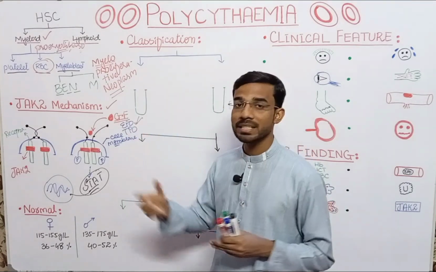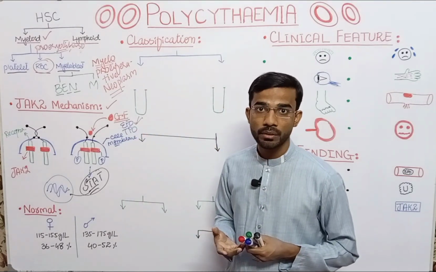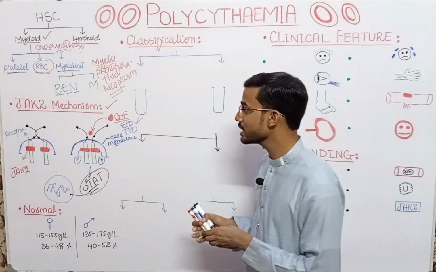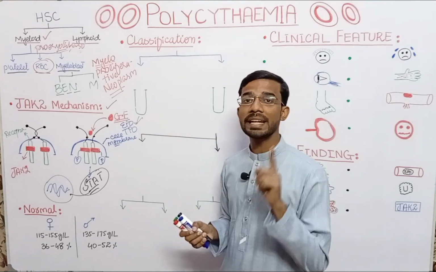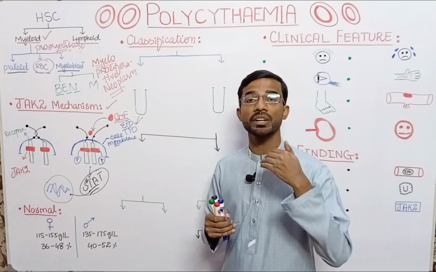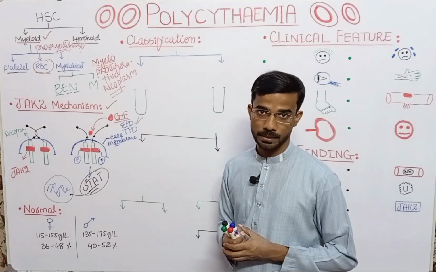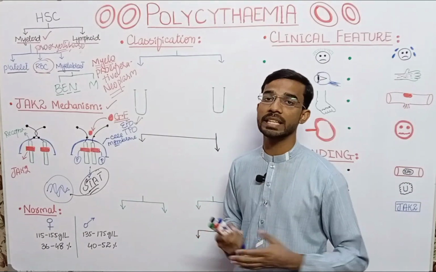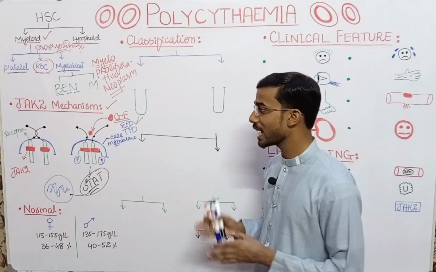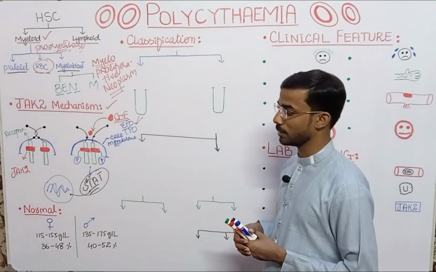These receptors bind EPO, resulting in the formation or division of RBCs. So ultimately you will see an increase in the RBCs, and in that situation, it results in polycythemia vera.